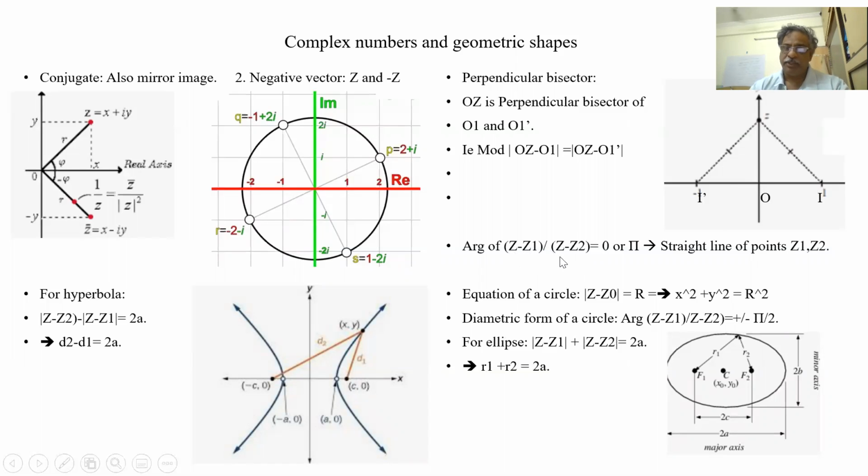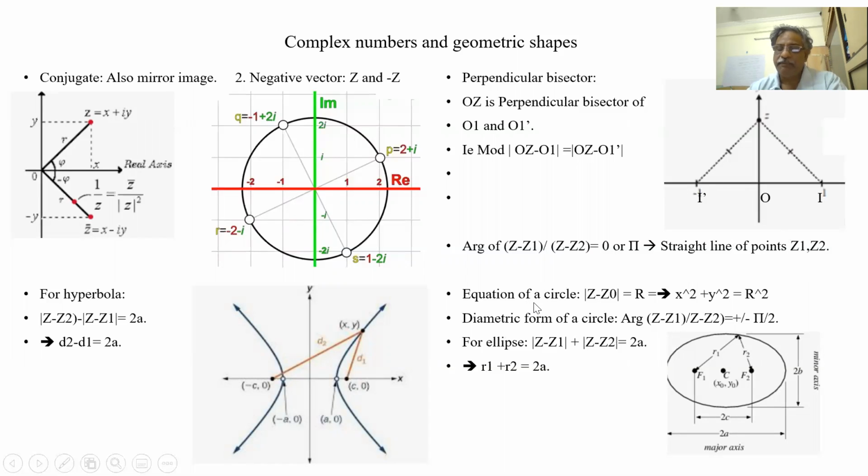Z minus Z1 by Z minus Z2 is real. Then only all the 3 points lie on the same line. Suppose Z is here. Z minus Z1 has some slope, and Z minus Z2 has one slope. So the slope should be the same. That means they are collinear, on the same line. So these are the locus of points which are collinear with these 2 points.